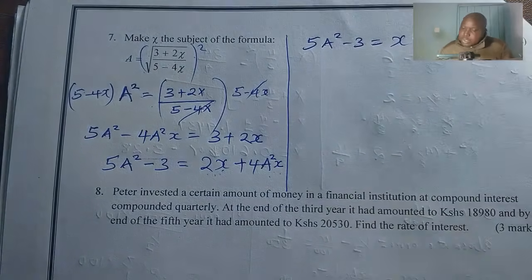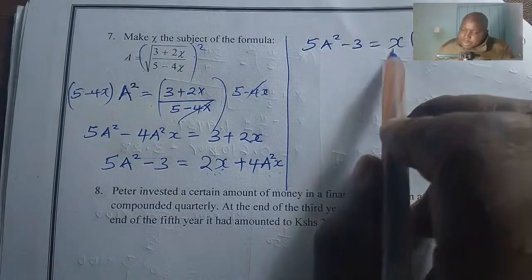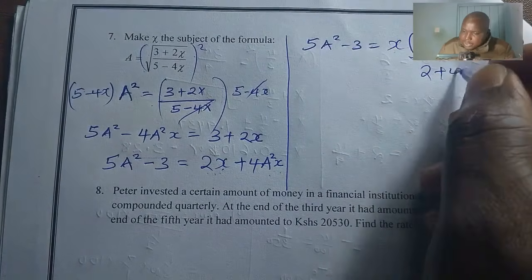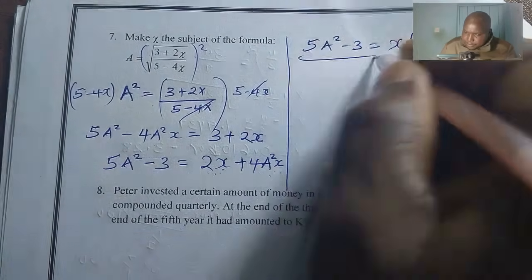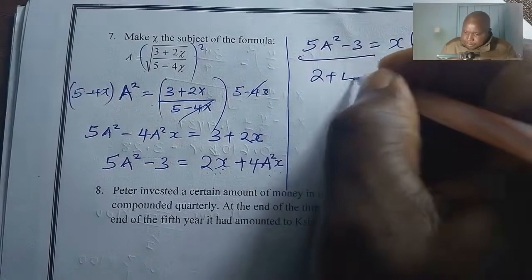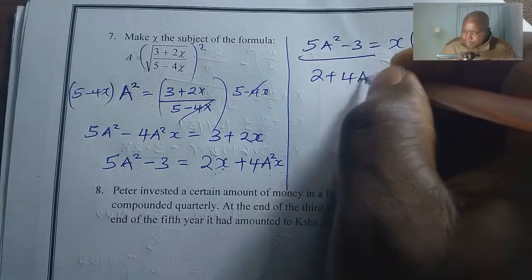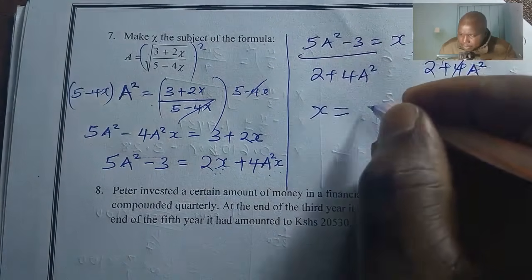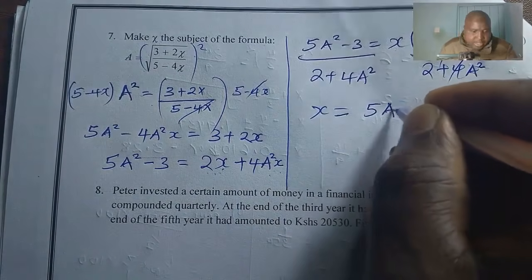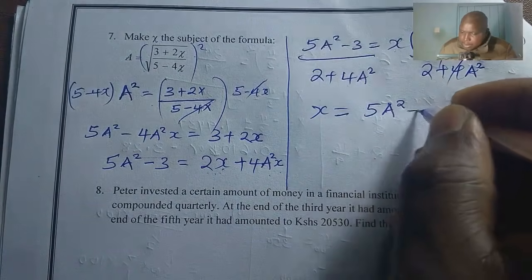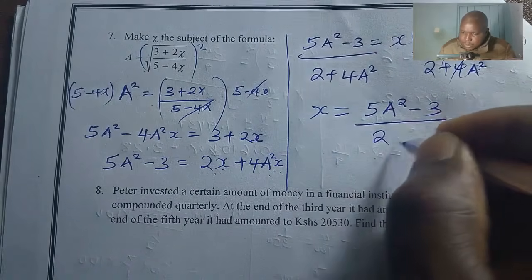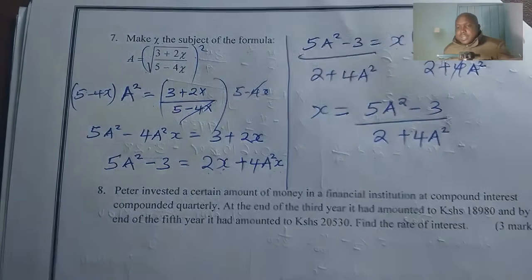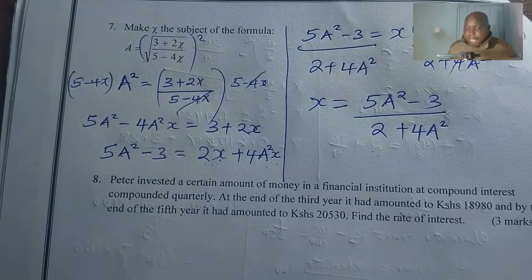Since we want x to be the subject, you divide both sides by 2 plus 4a squared. Therefore, x is equal to (5a squared minus 3) over (2 plus 4a squared). And that is the final answer.